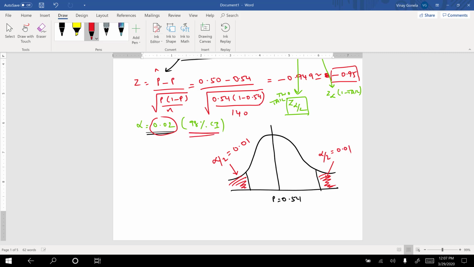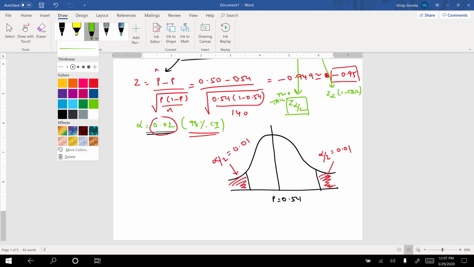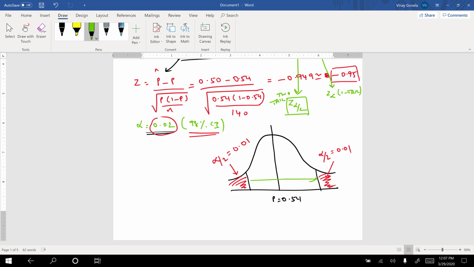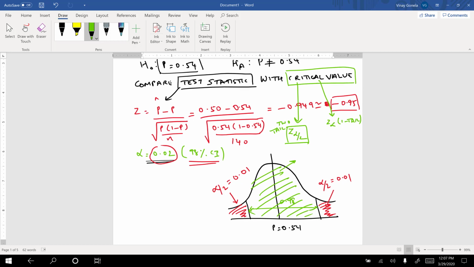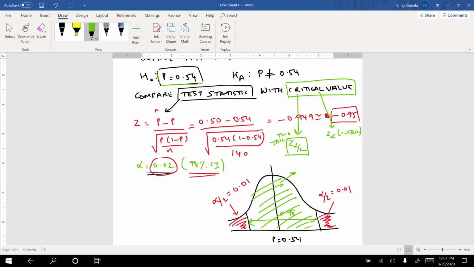And again we said 98% confidence interval, so this will be 0.98. This is where the claim of the publisher is true. That means in this region p equal to 0.54 with 98% confidence will be true.